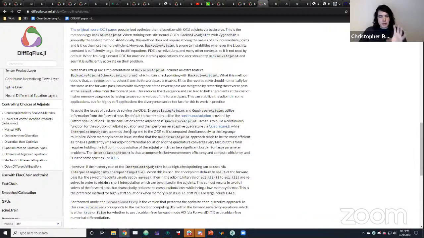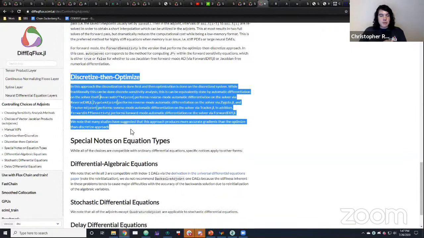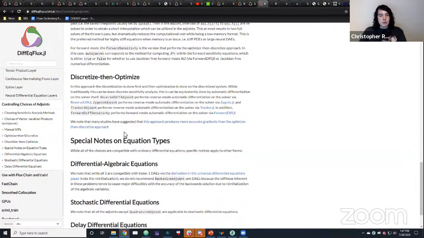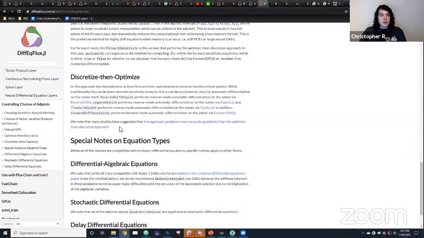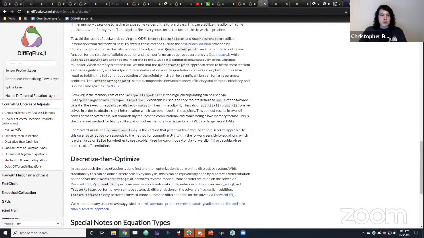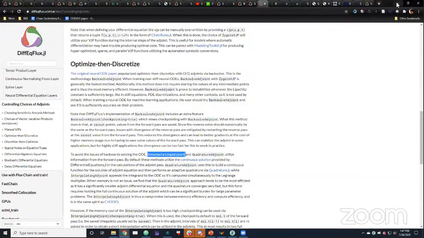And so the C++ methods, the Fortran methods, you can even call SciPy or MATLAB if you want as the ODE solver, and it'll work with those. These discretized and optimized ones, the ones that we mentioned that could be more stable, these do require a pure Julia method to be able to work. So not all of the adjoints will work with the CVODE BDF, but the main one, the default one, the interpolating adjoint will. Yeah. All right.